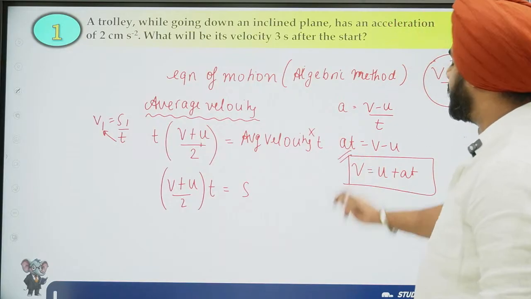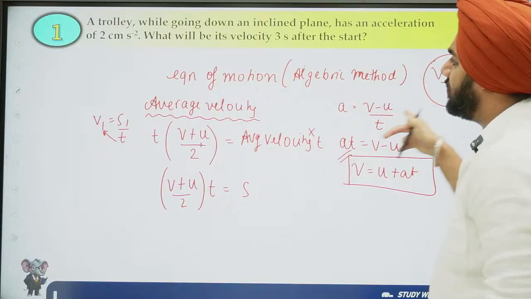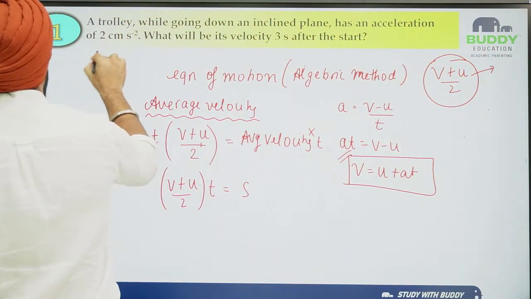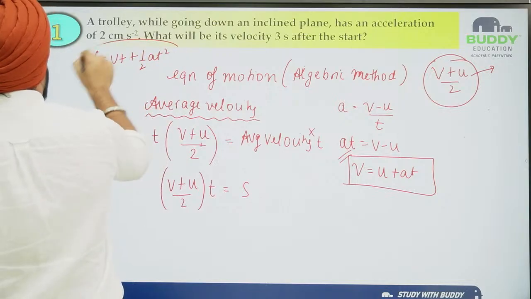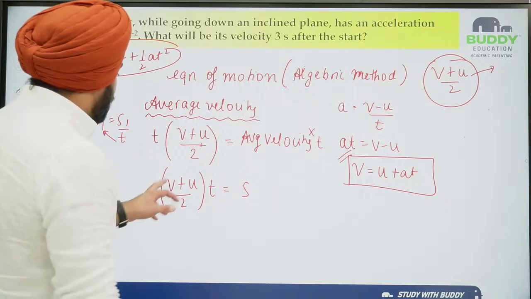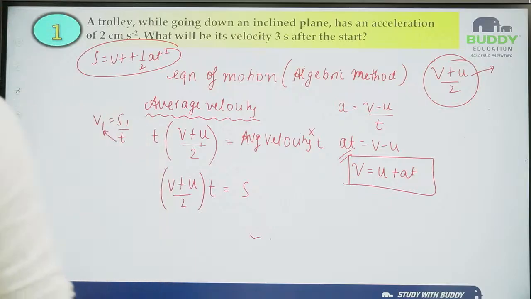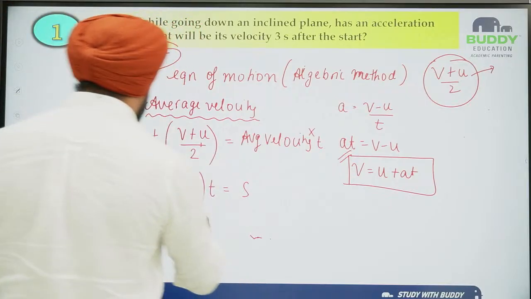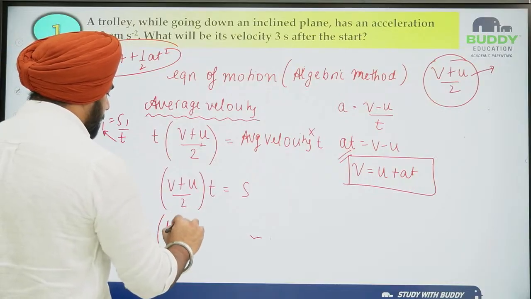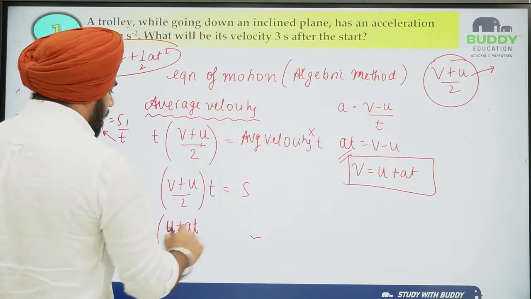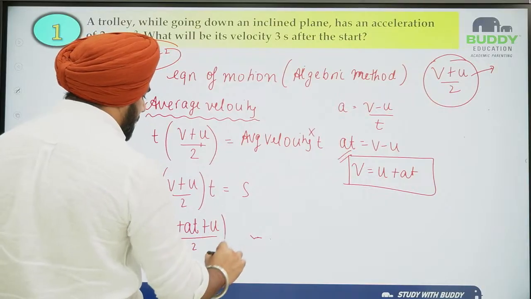So I'll use the first equation of motion. In the second equation of motion there is no v, no? So in the place of v, can I write u plus at? Okay, I'll write u plus at in the place of v, plus u divided by 2 multiplied by time.